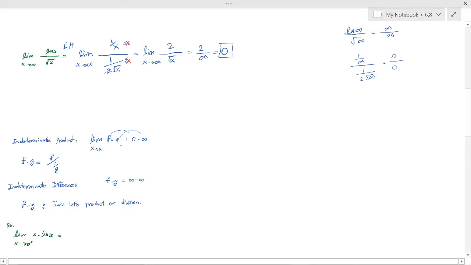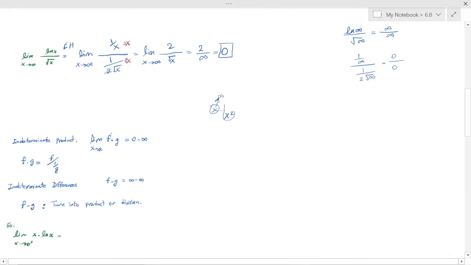In these cases, this is an indeterminate form because 0 times infinity doesn't mean it's going to be 0. Maybe infinity is larger compared to 0, something like x times 1 over x squared. This may go to 0 faster than this one goes to infinity. So the product would be 0 in that case.